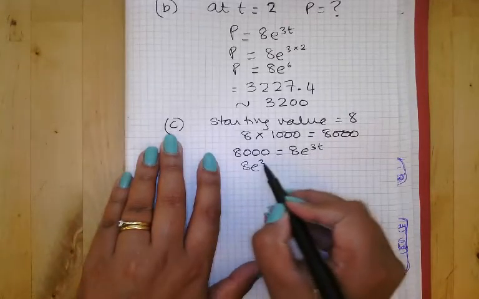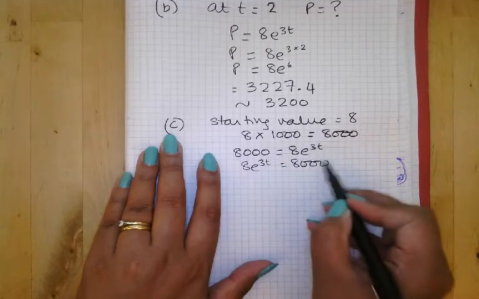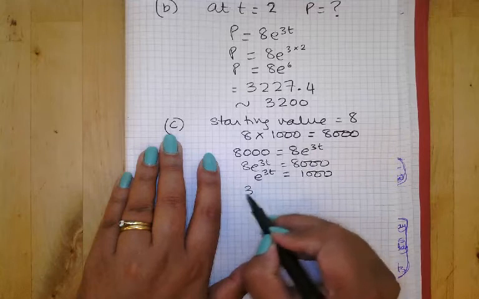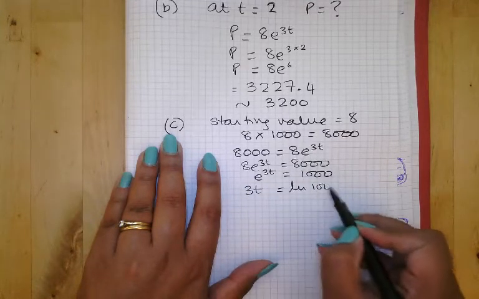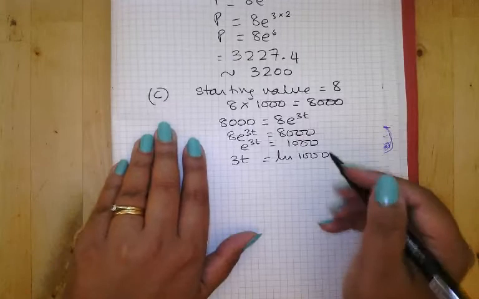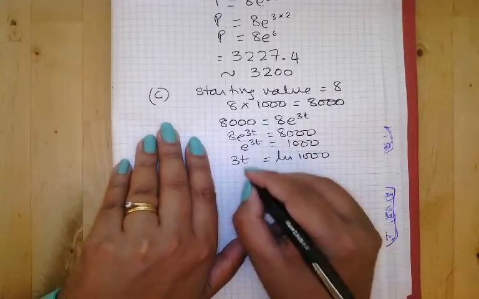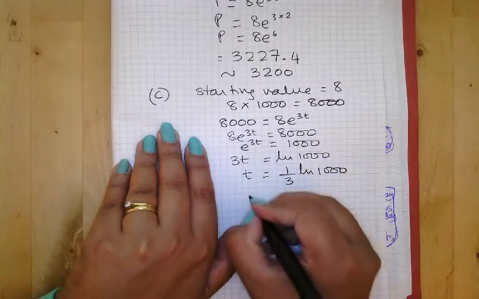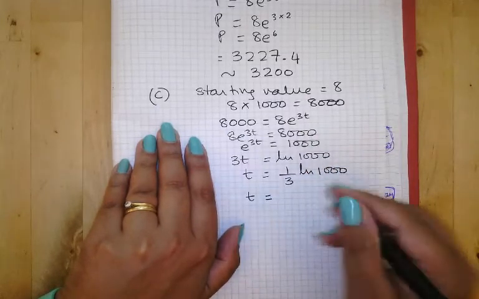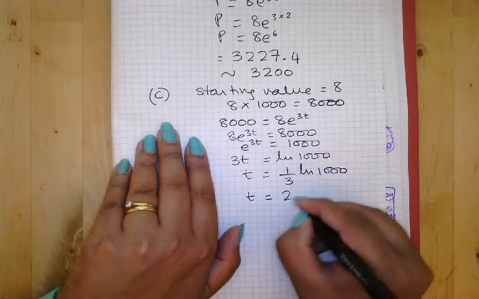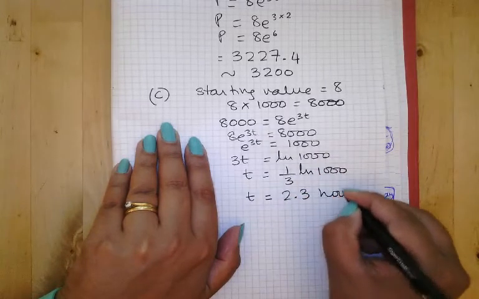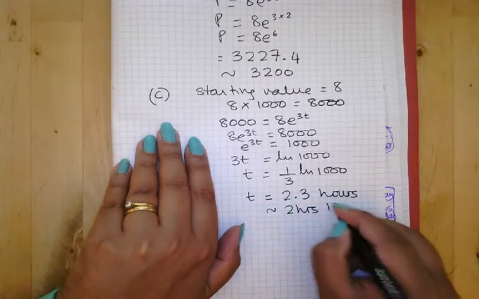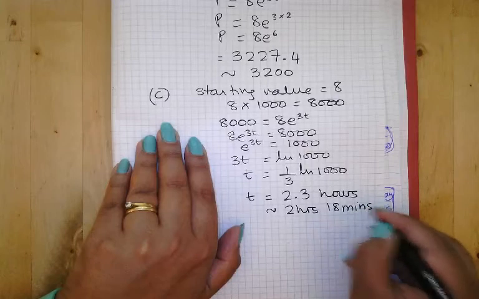So I want to bring it to this side. e^(3t) will be 1,000. Then 3t equals ln 1000, and that gives me t equals 1 over 3 ln 1000, and that gives me t equals 2.3 hours, which is 2 hours and 18 minutes.